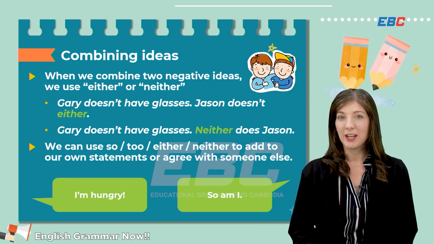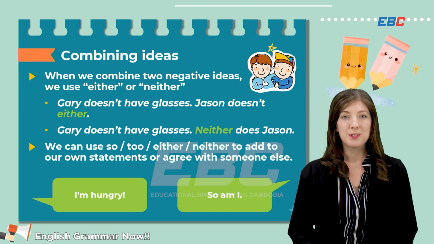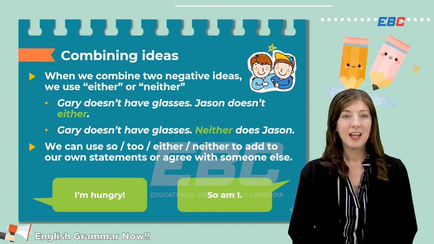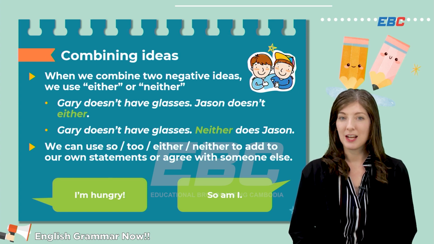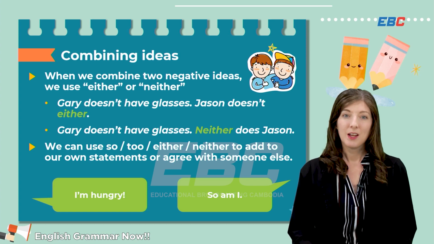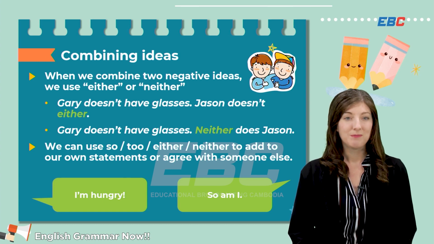In the same way, you could say neither or neither. It doesn't matter which way you say these words. For example, we could say, Gary doesn't have glasses, Jason doesn't either. We could also say, Gary doesn't have glasses, neither does Jason.